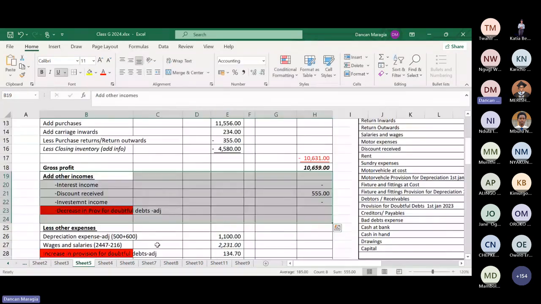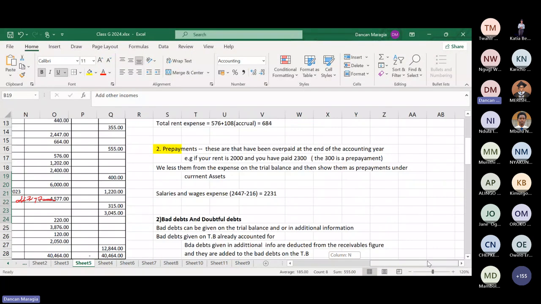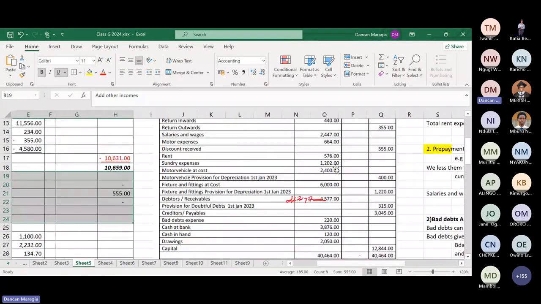We have been doing questions that have in the trial balance something like this: motor vehicle at cost, motor vehicle provision for depreciation. Correct? So a company will usually maintain how many accounts for an asset? Two. Its cost account and its accumulated depreciation account. Correct? From our previous classes. Yes, Mwalimu.